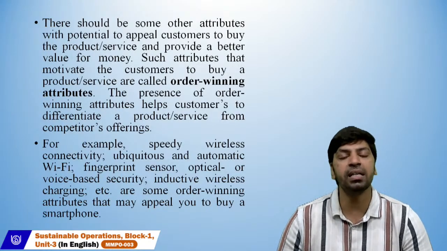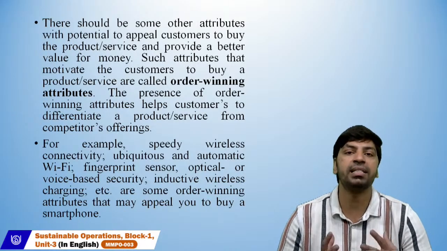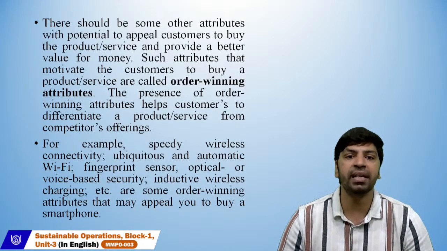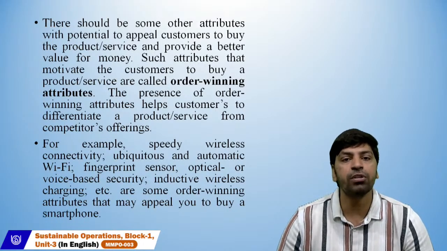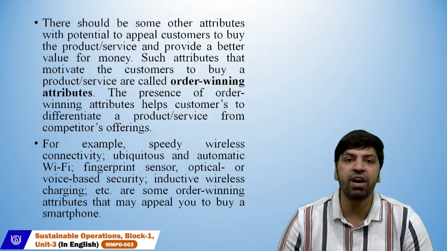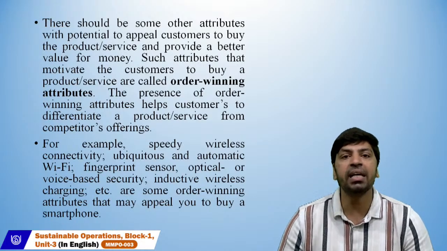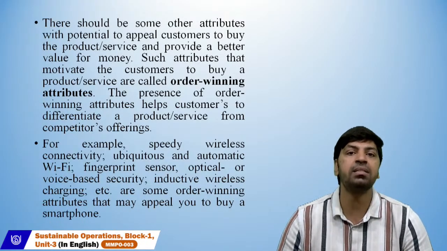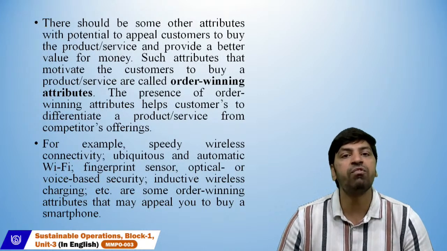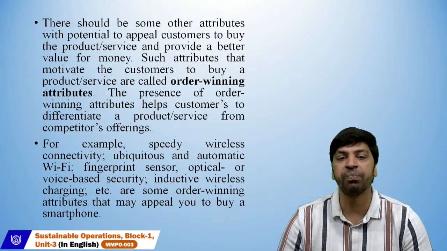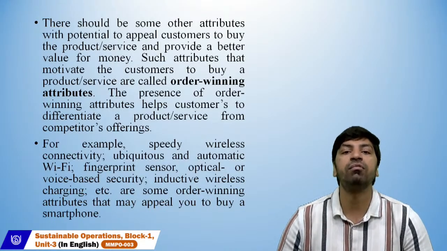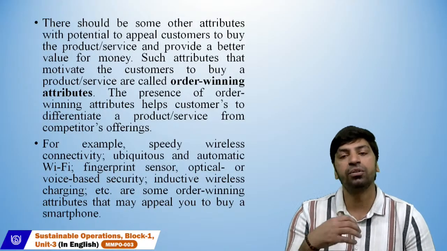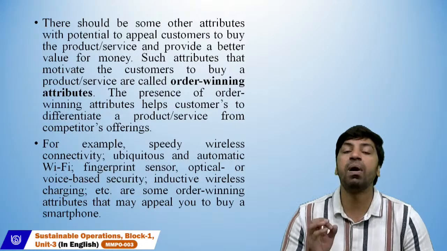offerings. Let's take an example to understand what exactly the order winning attributes are. Especially wireless connectivity, automatic Wi-Fi, fingerprint or any other sensor, or optical voice-based security, inclusive wireless charging, etc. These are called the order winning attributes, which automatically appeal to the customers to buy a smartphone.